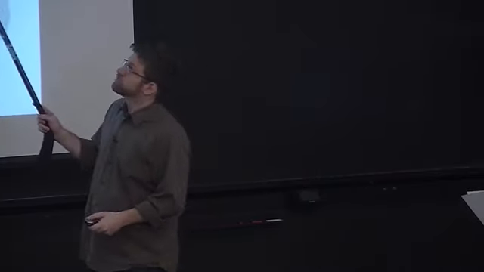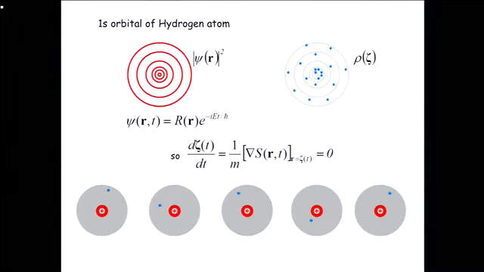Let's look at a simple example of what the Bohmian theory predicts. So consider a 1s orbital of the hydrogen atom, and consider the wave function. Well, mod psi squared is going to be whatever the profile of the 1s orbital looks like. And the important thing is that it's actually a real wave function.